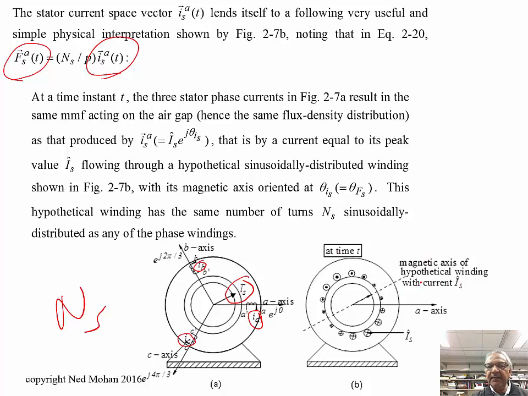And the current flowing in this sinusoidally distributed hypothetical winding is i_s hat.